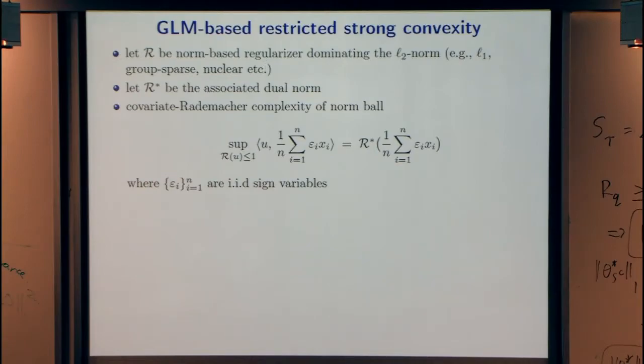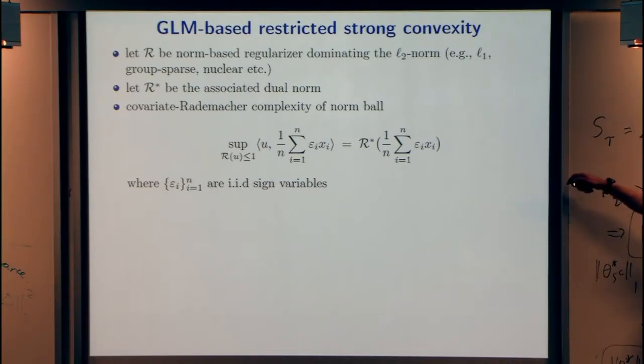So here's a general result on strong convexity. We'll look at any regularizer that's a norm. It has to dominate the L2 norm, so it could be the L1. Dominates just means that it's in general larger than the L2 norm. So L1, group sparse norms, nuclear norms, all of these are dominant in that sense. There's some interesting duality theory here, related to what Ben was speaking about this morning.